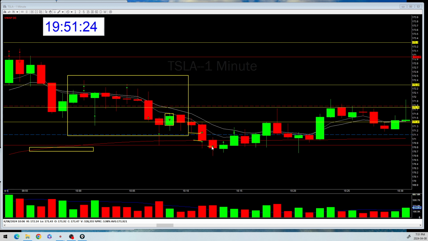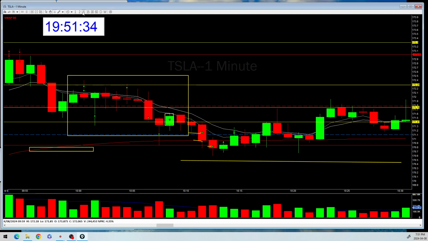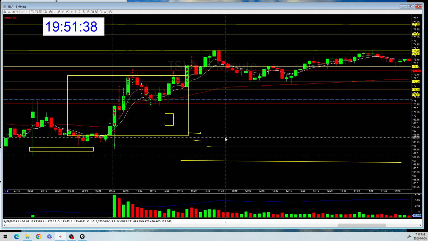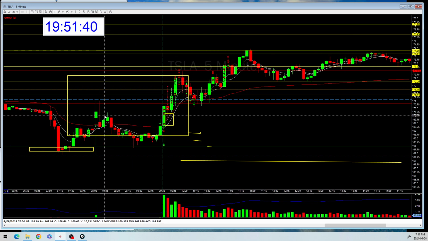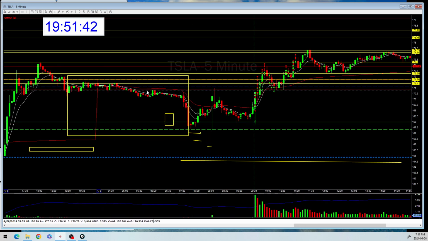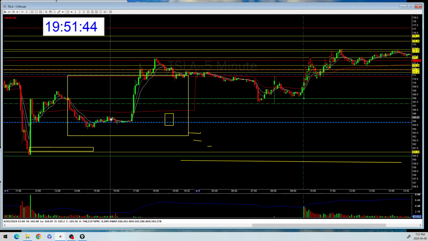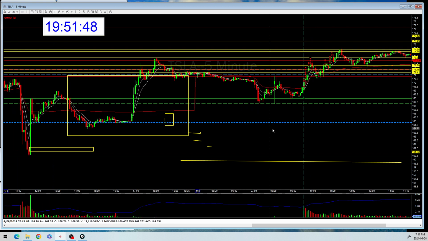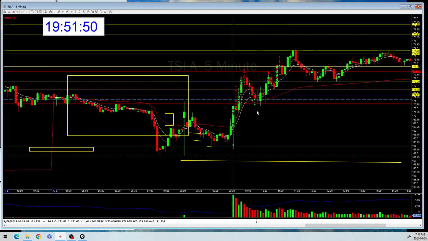I added onto the VWAP, and my stop loss is basically 170.40. Why did I select this level? You can go into the 5 minute chart and see here that this level is also the YY high, and it's very close to the YY close.